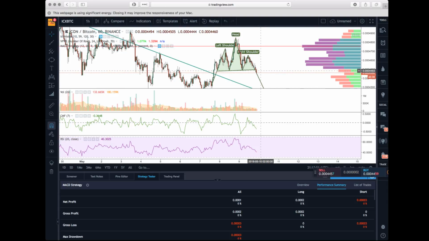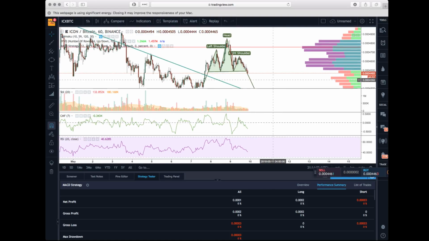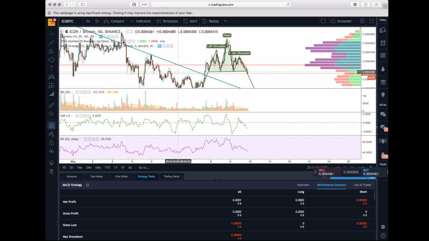It'll come back up, retest, and then it will fall down harder. So just watch for those things. If it breaks back above the neckline, there's a pretty good chance that it's invalid and that the price will just continue going up. Let me look at some more of these chat items.